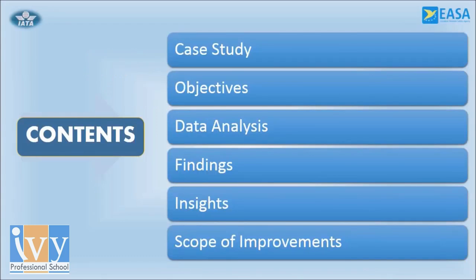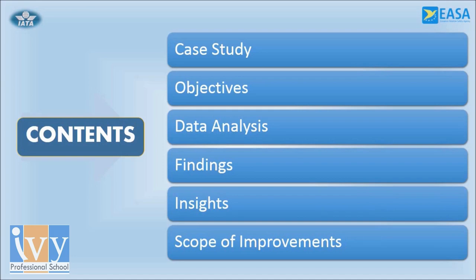So we are beginning with the contents of this analysis. First, we would have a look at the case study, that is nothing but understanding the data that we have got in our hands. Later, we will be defining the objectives. What is the motive behind this analysis? That's what the objective is going to cover.